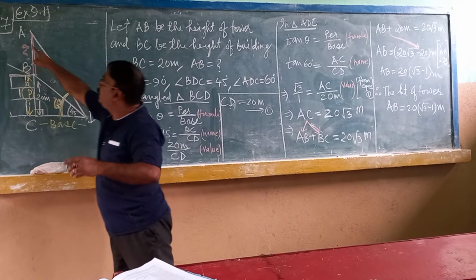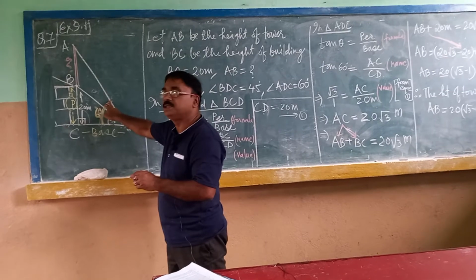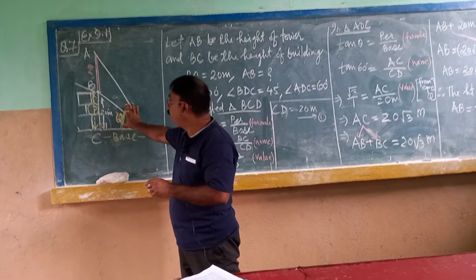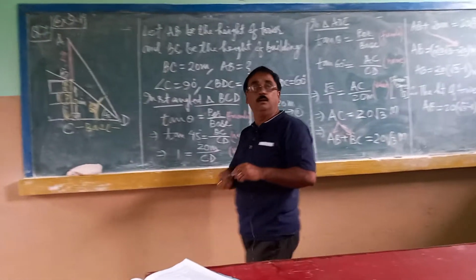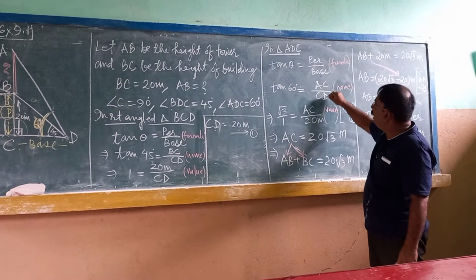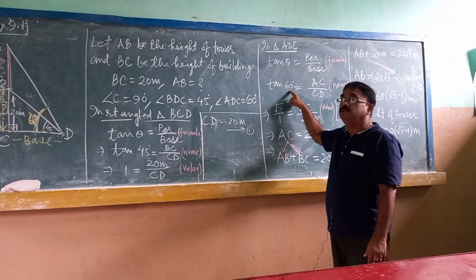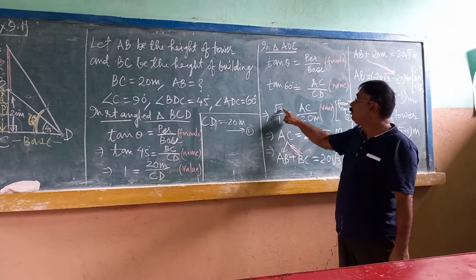Because we are taking triangle ACD, where the angle is 60 degrees and the other is 90 degrees. So tan 60 is AC by AD, that is perpendicular by base. Tan 60 is equal to root 3.